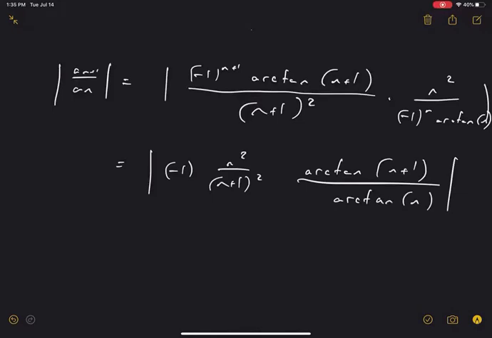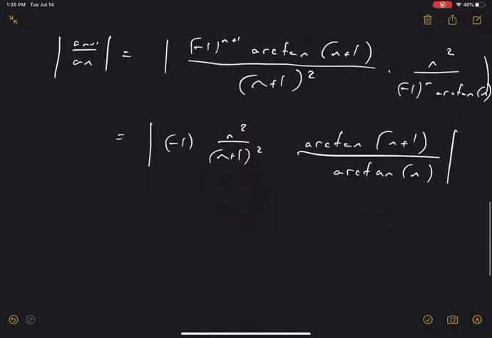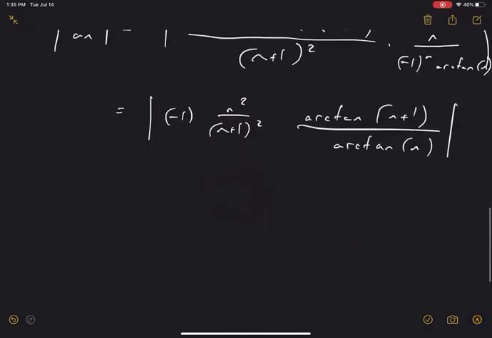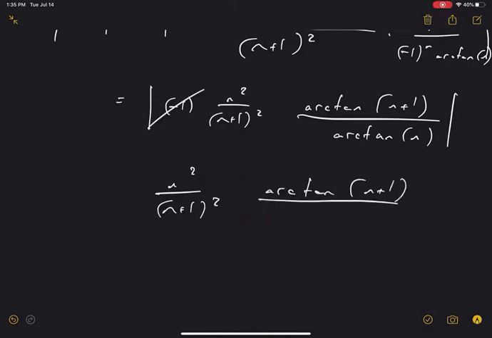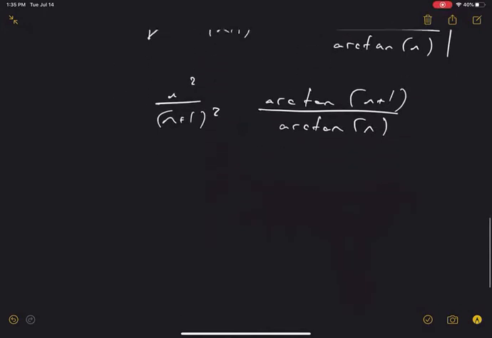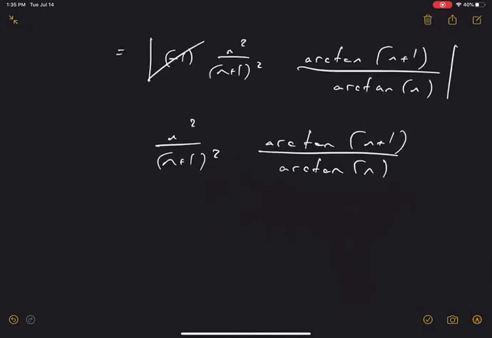When I do the ratio test, I get this. Remember we're taking absolute value, so the negatives get canceled. Then I want to take the limit of this, so the limit of a_{n+1} over a_n equals the limit of that thing.